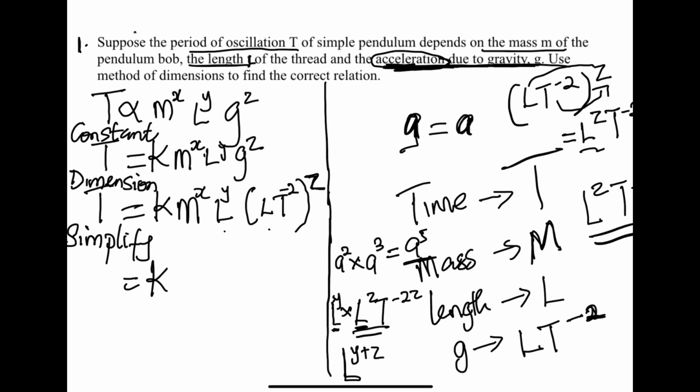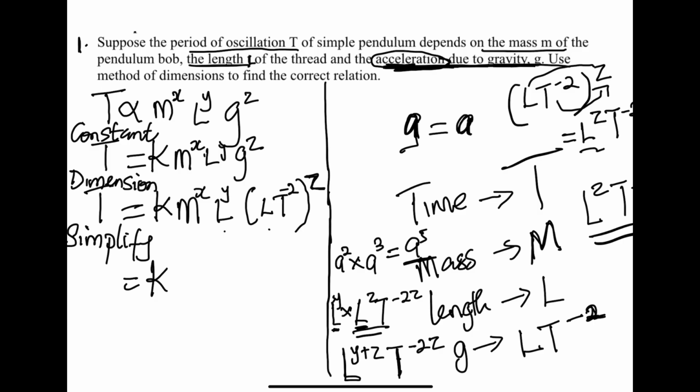Then we now have t raised to power minus 2z. So what do we try to do? We try to simplify the L, because I have L in two places and that's not nice, so we try to put it together.